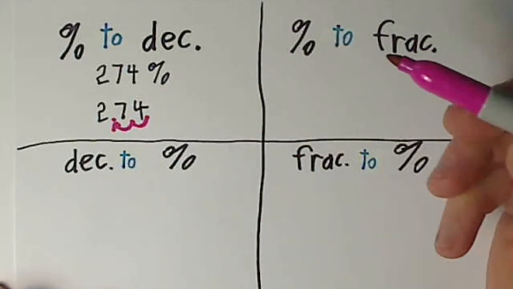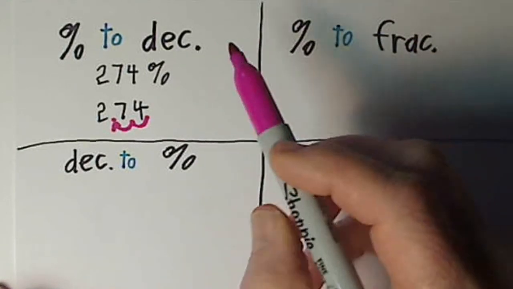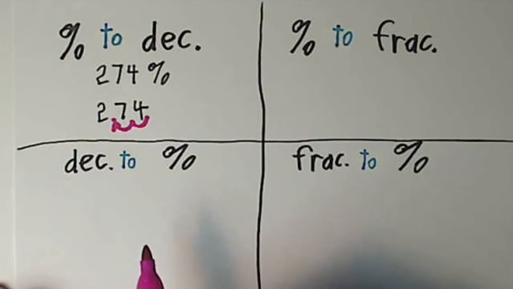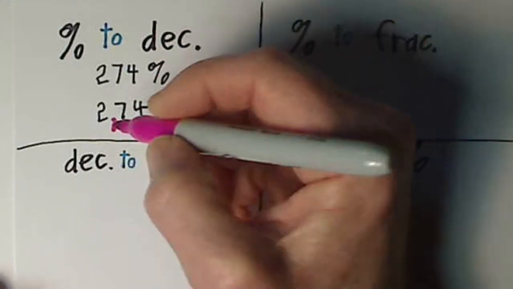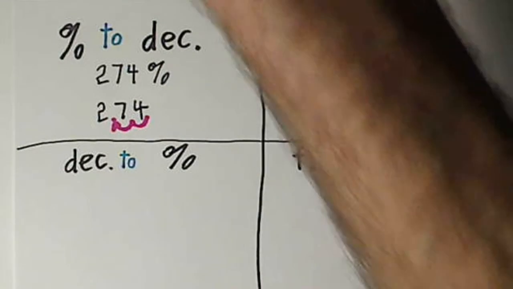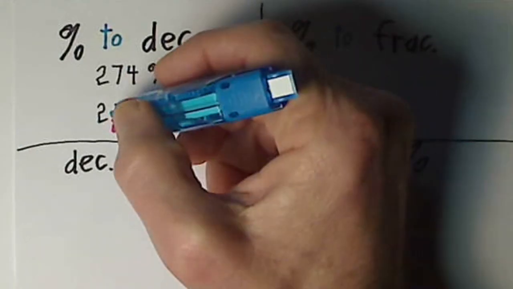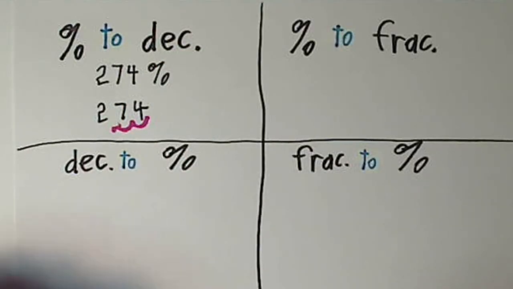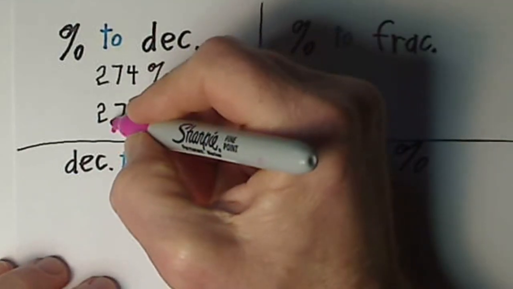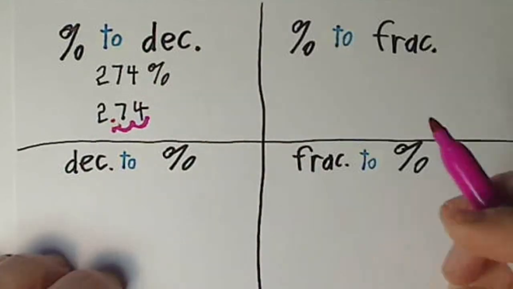Okay? So if you get rid of your percent sign, the result is you move the decimal away 2 spaces. Can't really see that decimal, darn it. Let me make that more clear. Cover this up a little. And now that should be clear. Okay.